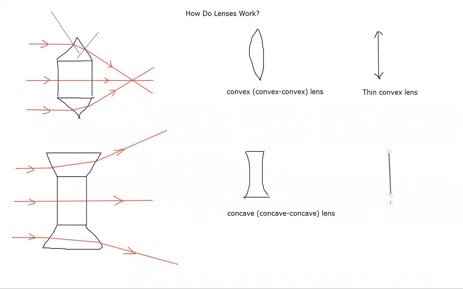And this time the arrows will be pointing inward, meaning that we're indicating the edges are thicker than the middle part. And it's going to be a thin concave lens.